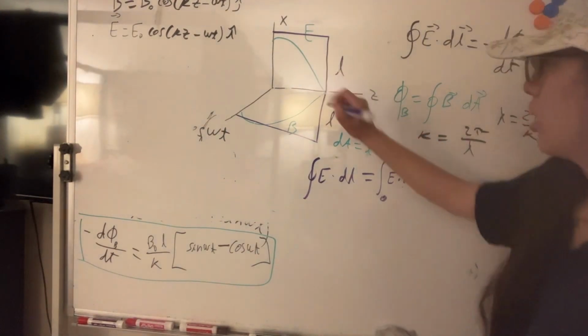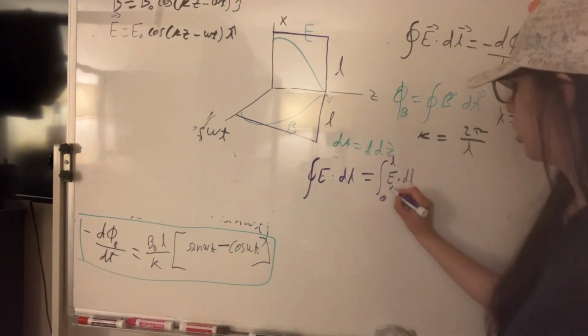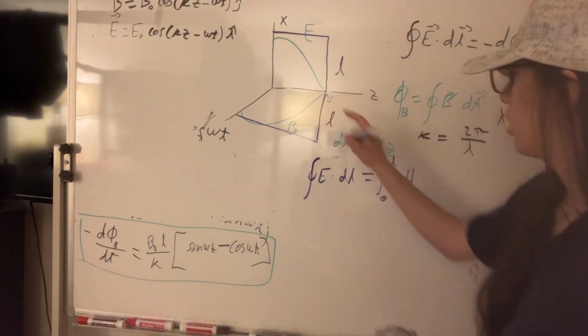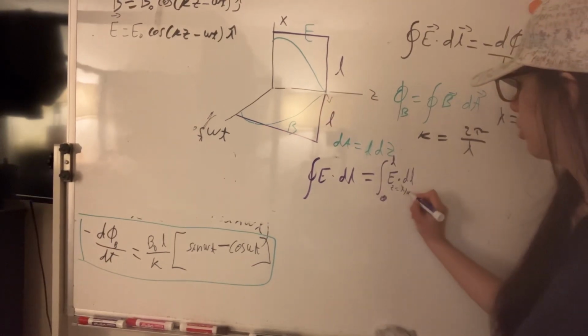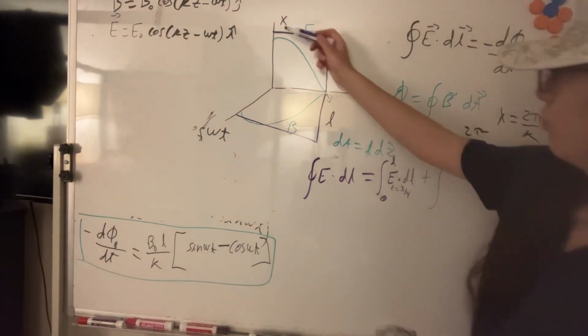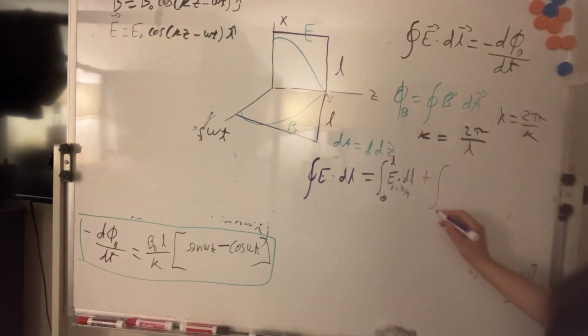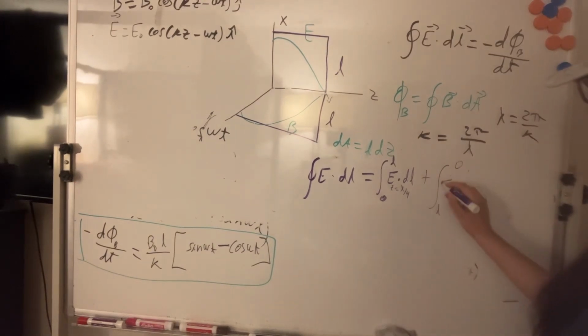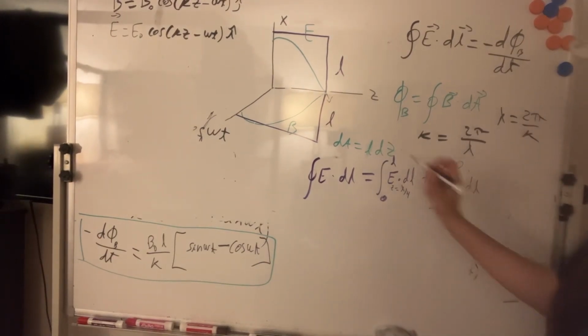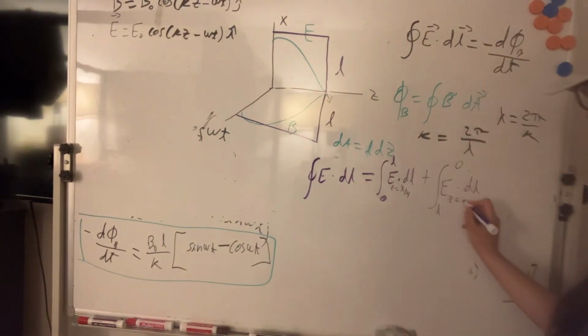When we are taking here c equals lambda over 4, and the loop integral from L to 0 of E dot dl in this part is when c equals 0.